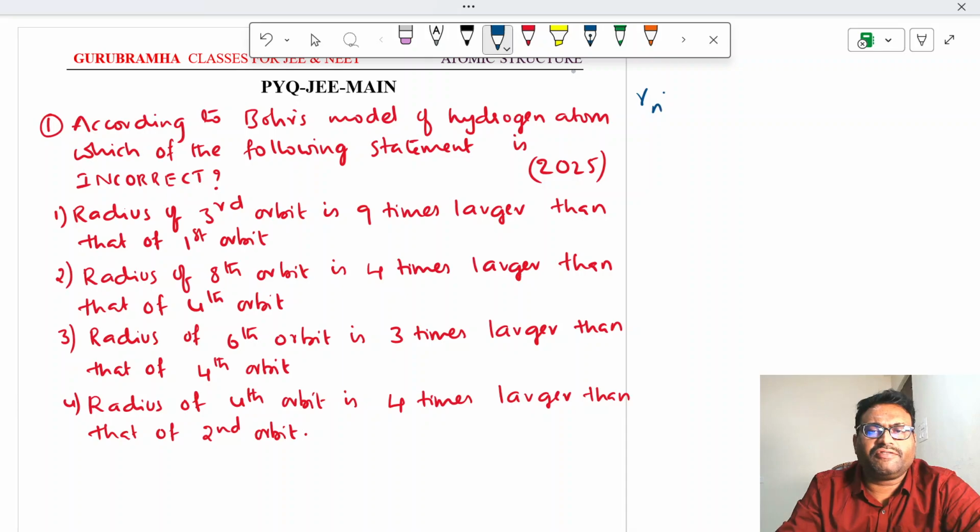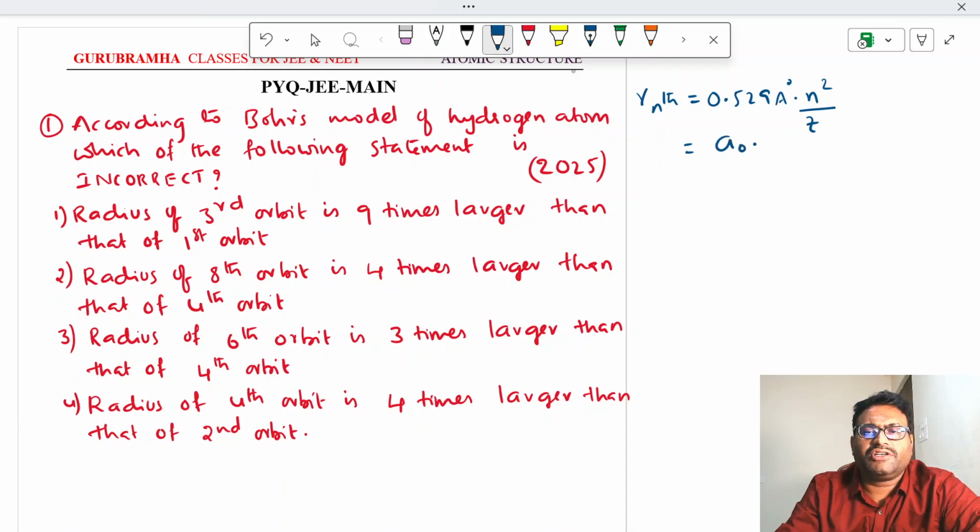That's given by radius of the nth stationary state is equal to 0.529 angstrom units into n square by Z. So this can also be written as 0.529 angstrom unit, which is also called a naught, into n square by Z, where a naught is called Bohr's radius. So up to now, whatever the questions are given in JEE Main PYQs, almost all the questions are from this formula.